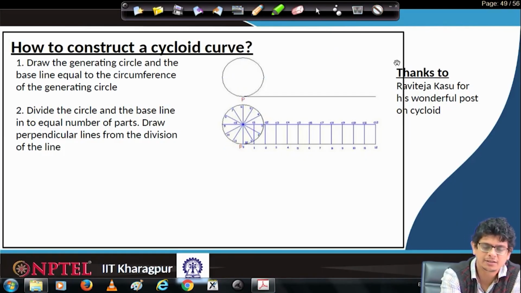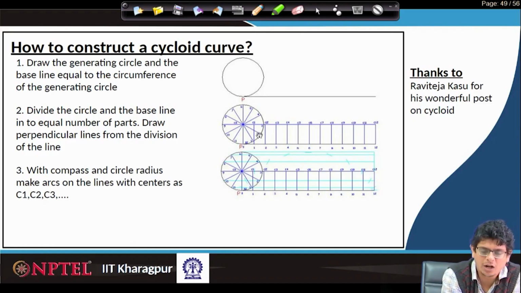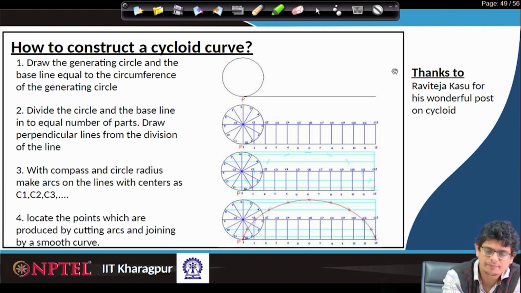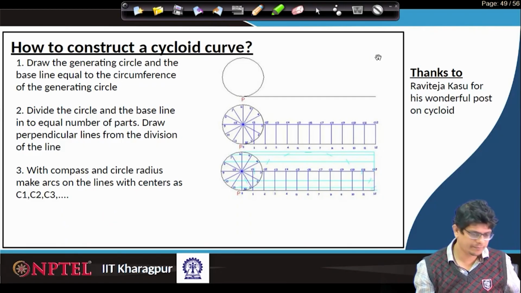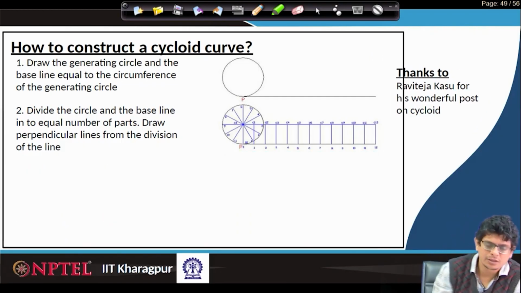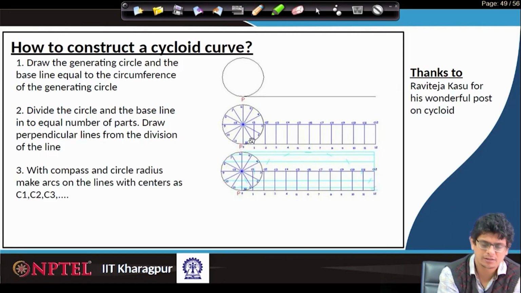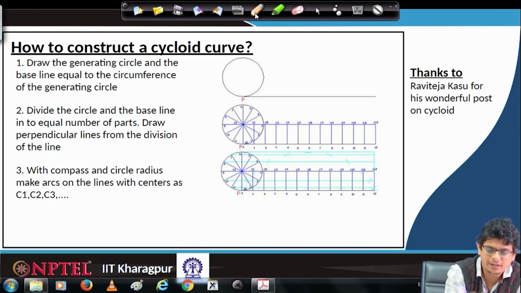Once that is done, we draw parallel lines to these points 1, 2, 3, 4, 5, 6. So, from point 1 we draw a parallel line.